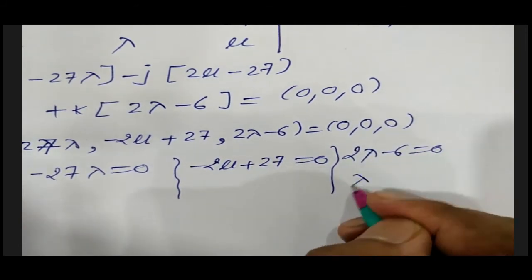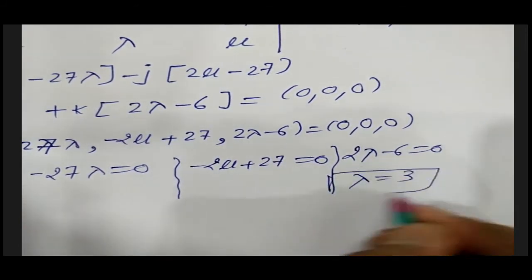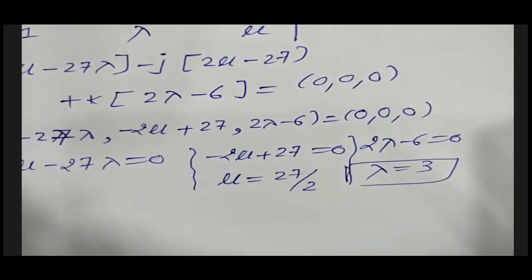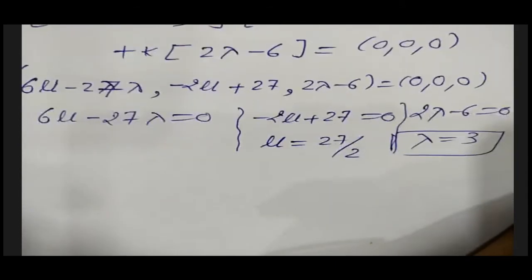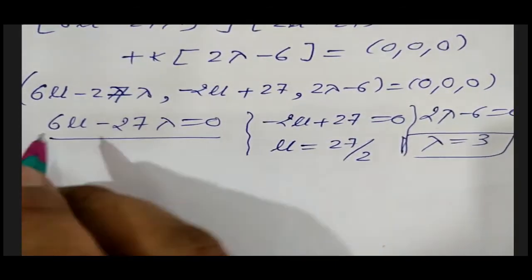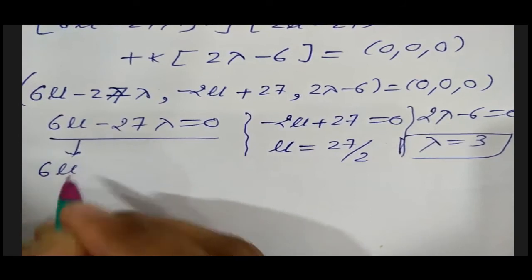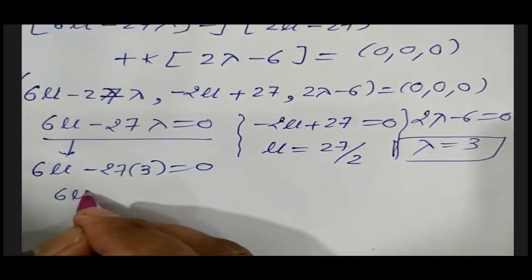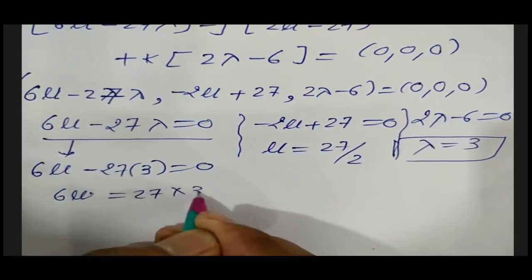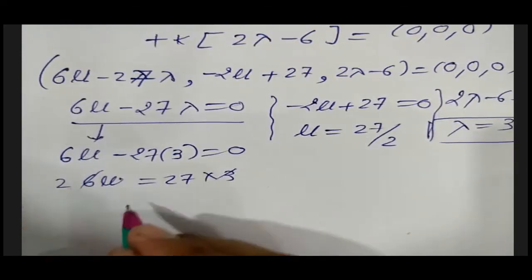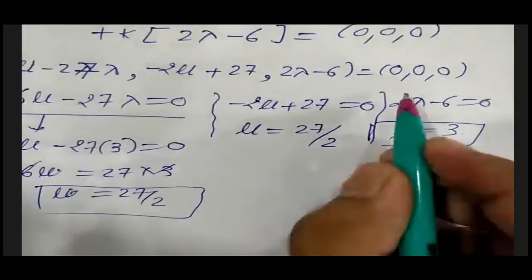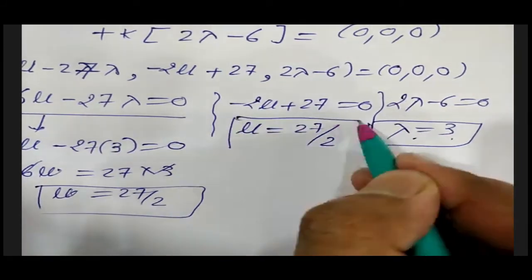So lambda must be 3, and mu must be 27 by 2. Simple. Let's verify: 6 mu minus 27 into 3 is 0, so 6 mu is 27 into 3, and our answer is perfect. So the answers are lambda is 3 and mu is 27 by 2. Easy concept.